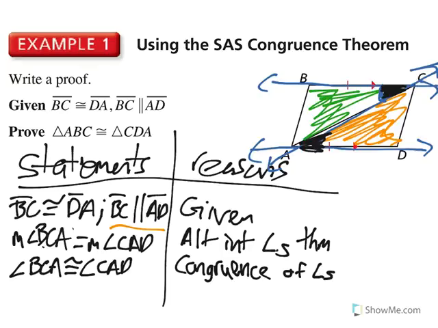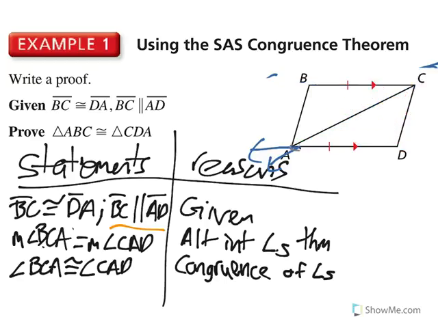So I need another side in order to do the SAS congruence theorem. My angle would have to be included, so that leaves the side AC, and this is actually the shared side of these triangles. So I erase all this to get rid of it. We have this angle's the same, this angle's the same, and my included angle there of CAD would mean that this other side has to be congruent.